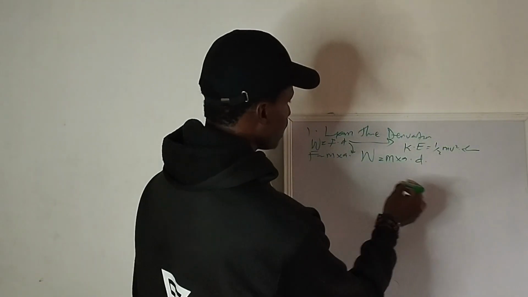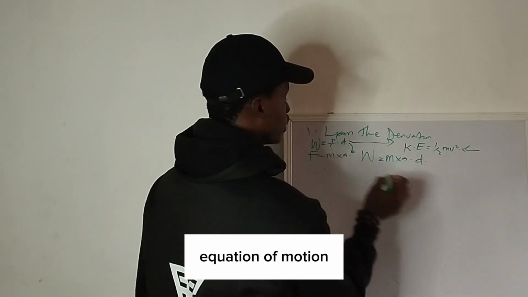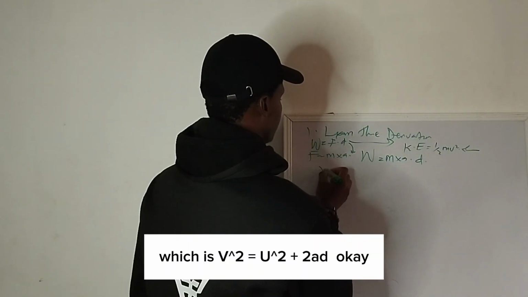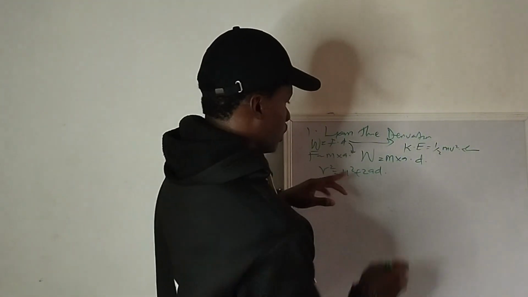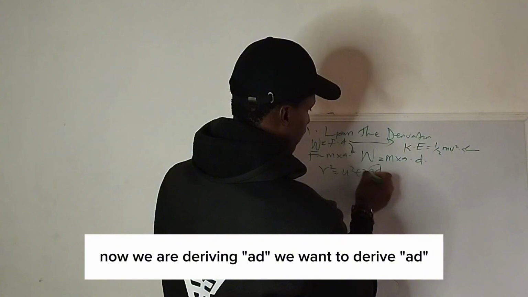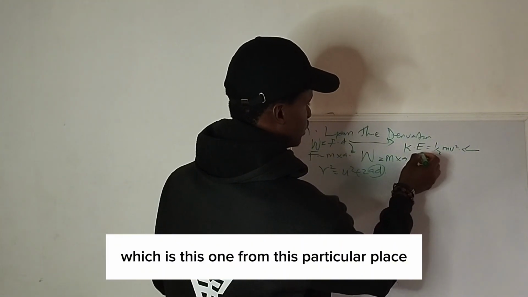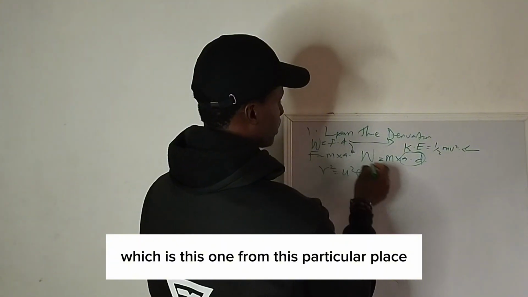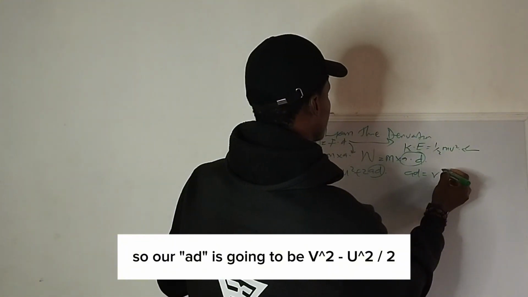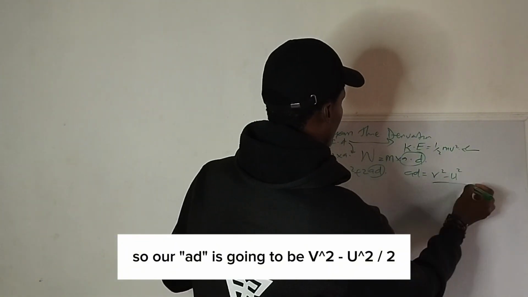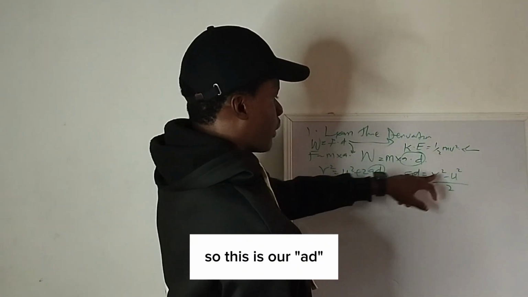So we are going to use the equation of motion, which is v square equals u square plus 2ad. We want to derive ad, so our ad is going to be v square minus u square all over 2.